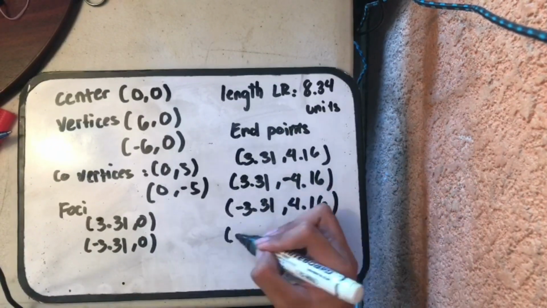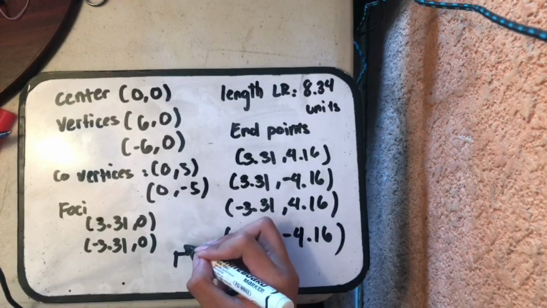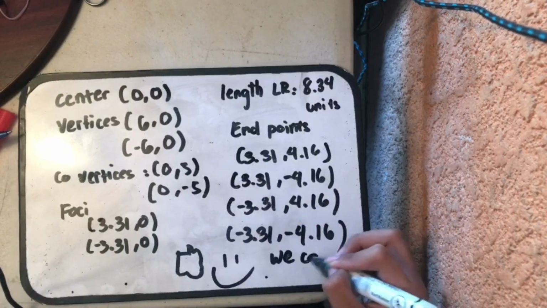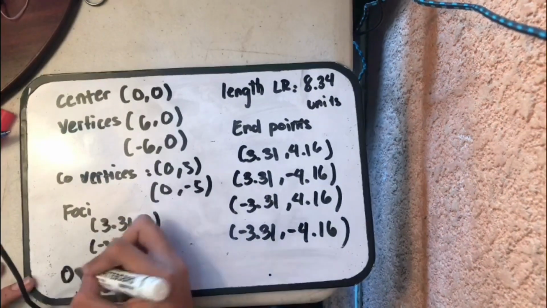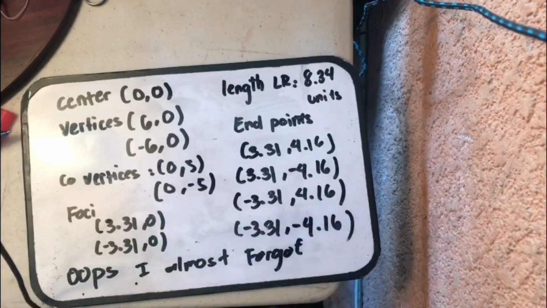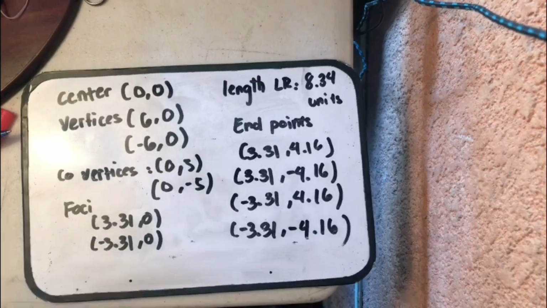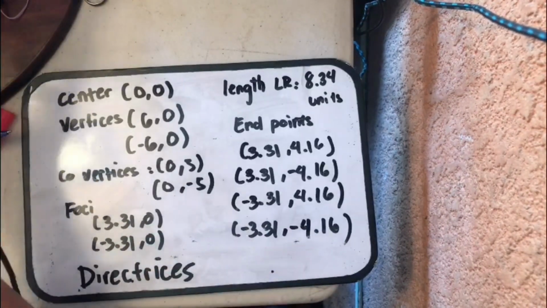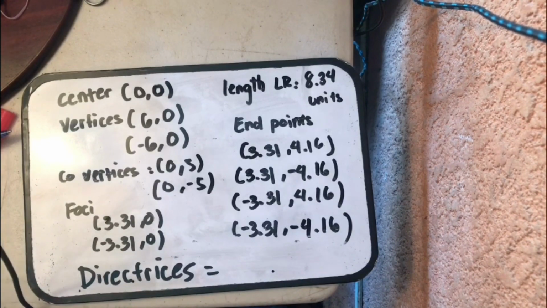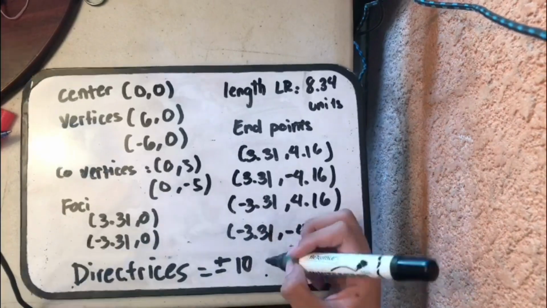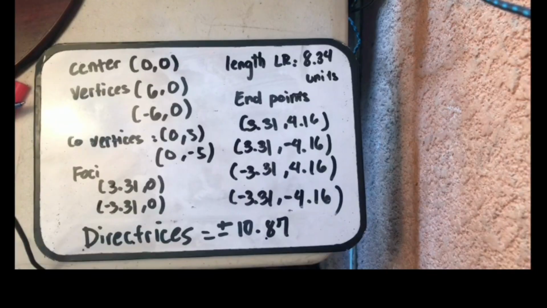Length of latus rectum is 8.34 units, and endpoints, which is a variety of different signs, positive and negative c and positive and negative b squared over a. And the directrices, which is, wait a minute, I forgot. Which is positive and negative 10.87.